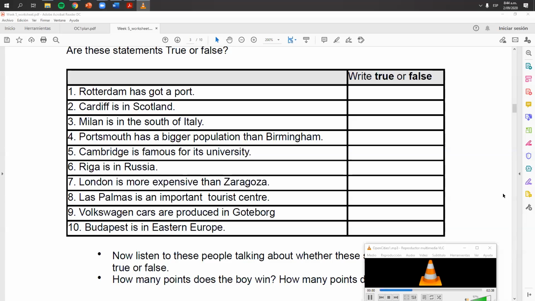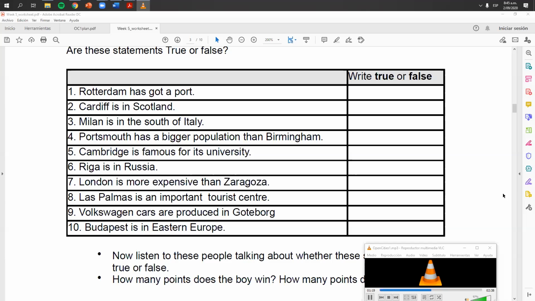Which has a bigger population? Portsmouth or Birmingham? Not sure. Portsmouth? I think Birmingham is a bigger city and has a bigger population. Yes, Birmingham has the biggest population. What about this one? Cambridge is famous for its university. Yes. Correct. That was easy.